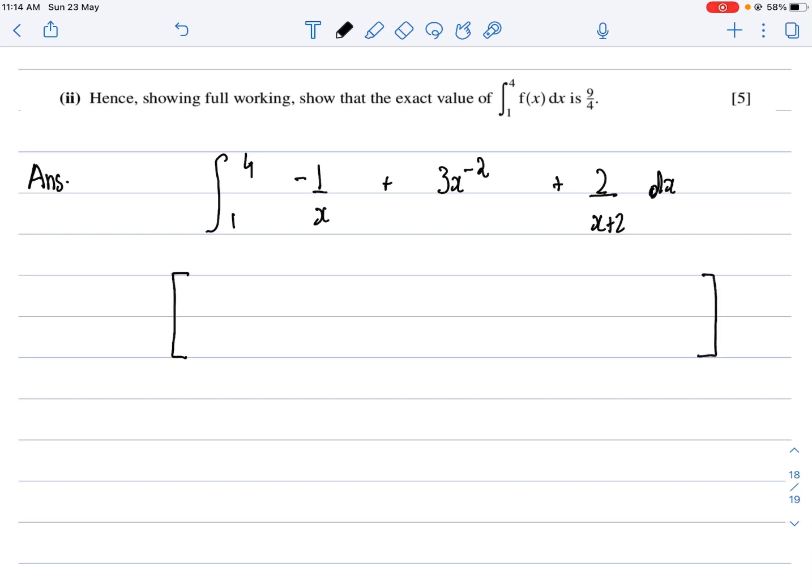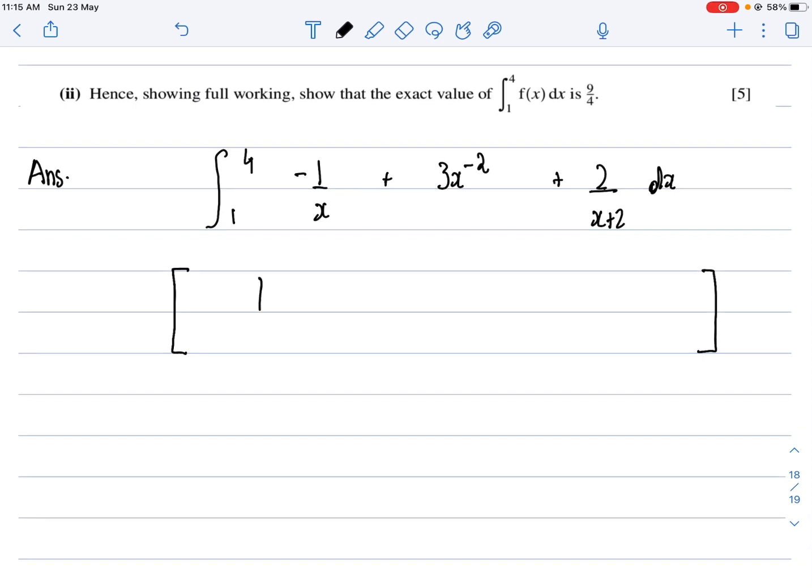Now the integration of minus 1 over x, as I always tell you, has ln x, with the numerator minus 1 over 1, which is the coefficient of x. Plus you can write 3x raised to minus 2 plus 1, which is minus 1, over minus 1.